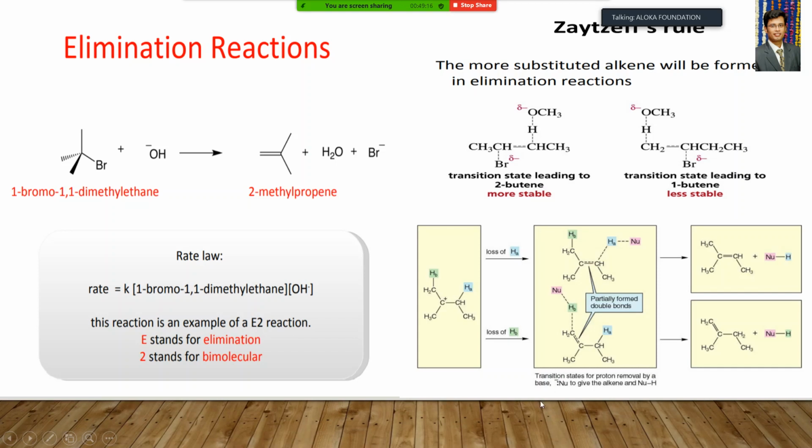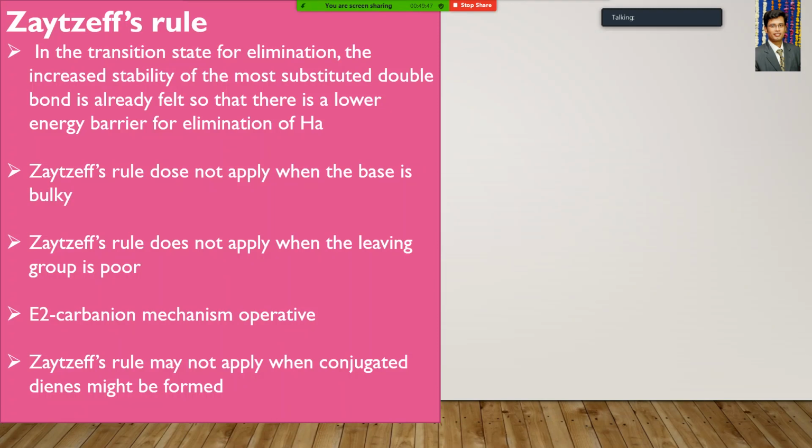So from this we can say that the one which has more substitution will give you the 2-butene product rather than the 1-butene product, because the double bond formed has more substitution in case of 2-butene and less substitution in case of 1-butene. So the Zaitsev rule says that a more substituted alkene is favored in case of elimination reaction. This is a 2 marks question.